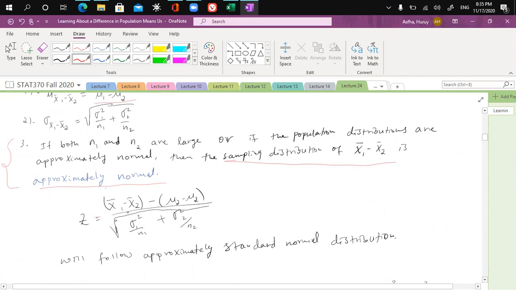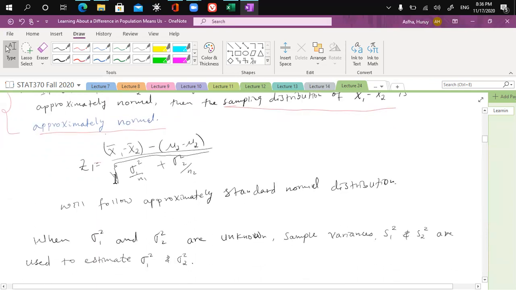The statistic in this case is x bar 1 minus x bar 2, and this is an estimator of mu1 minus mu2. The denominator is the standard deviation of x bar 1 minus x bar 2. So this z will follow approximately a standard normal distribution, as long as we have these conditions.